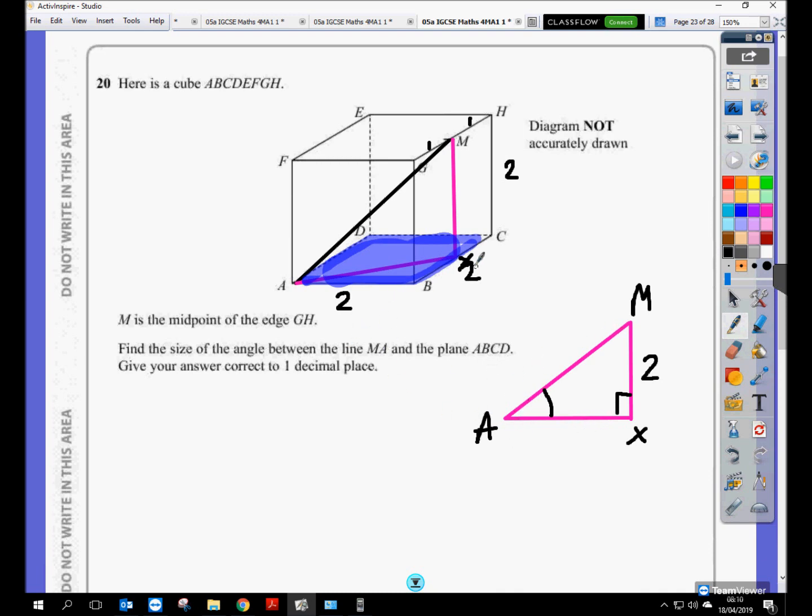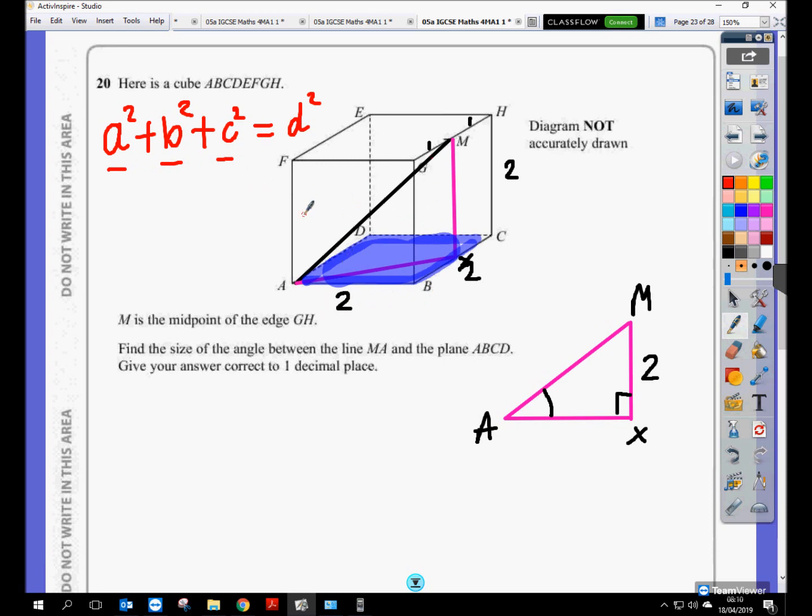So you can work out AX by using Pythagoras on the base, but I always like to work out AM, the diagonal, and there is a formula to work out the diagonal of a cuboid. It's Pythagoras in 3D, which is a squared plus b squared plus c squared equals d squared, where d is the diagonal. So in this case, AM is the diagonal. a, b, and c are the length, width, and height of the cuboid.